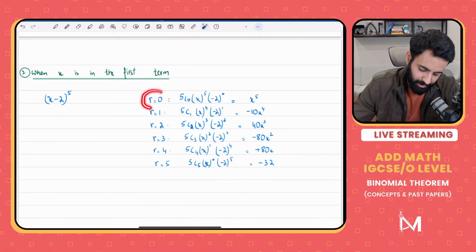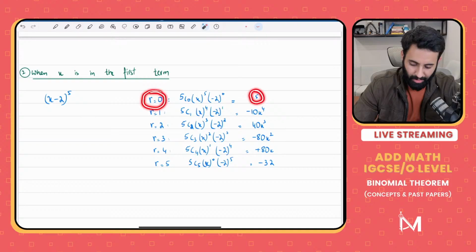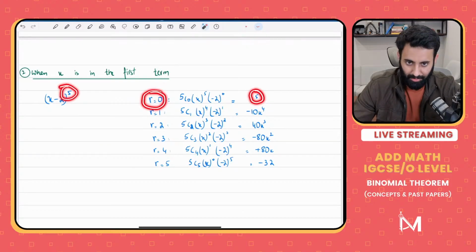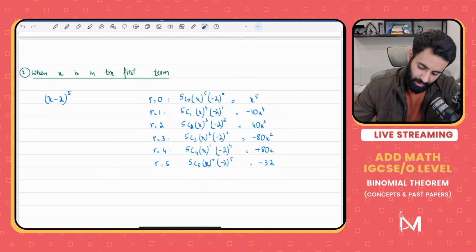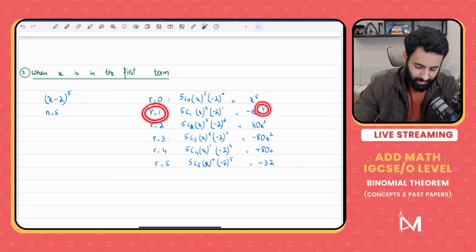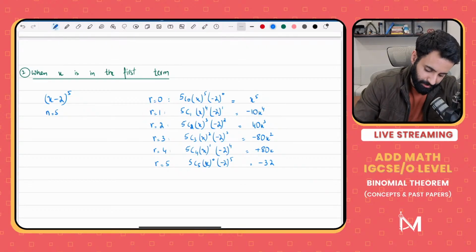So when r is 0, the power on x is 5. Notice that n is equal to 5. When r is 1, the power on x is 4. Now what's 4 plus 1? 4 plus 1 is equal to 5. So 0 plus 5 equals 5. 1 plus 4 is equal to 5.